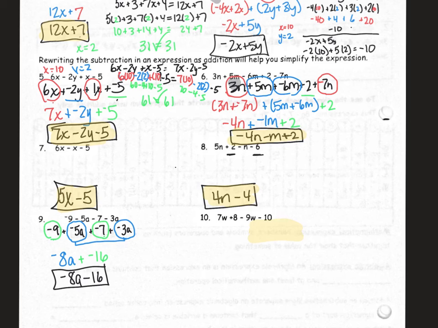So when I do the check for this, I just need to pick a value for a, and I'm going to choose a equals 3. So I just picked that. So then I'm going to rewrite the original expression before I changed anything around. I had negative 9 minus 5a minus 7 minus 3a.